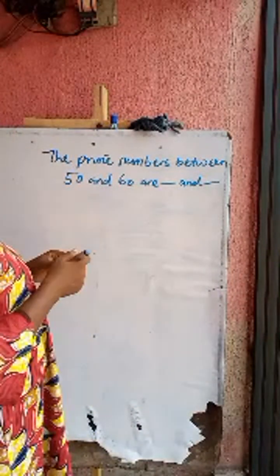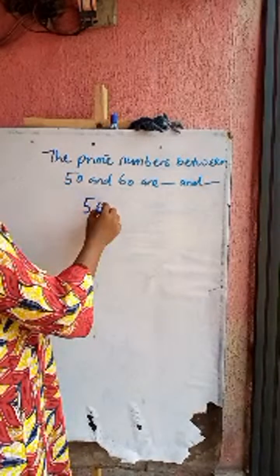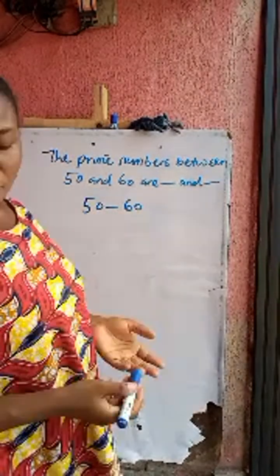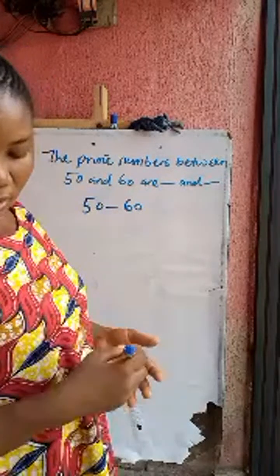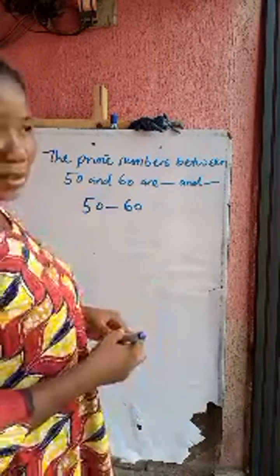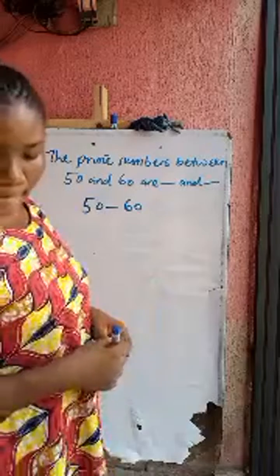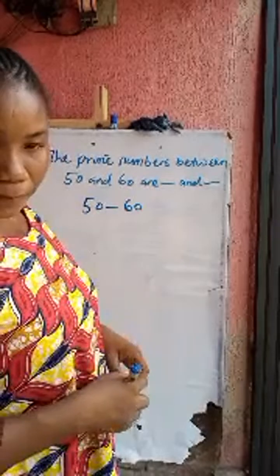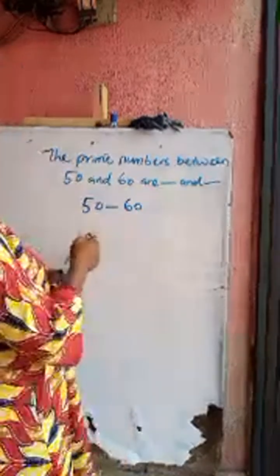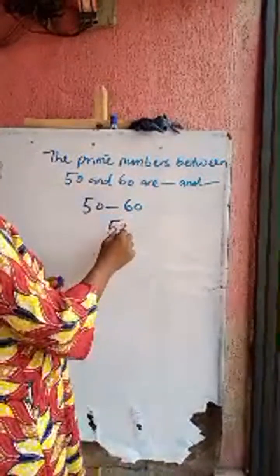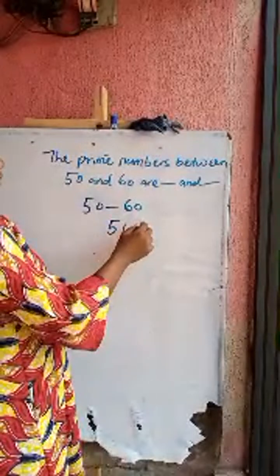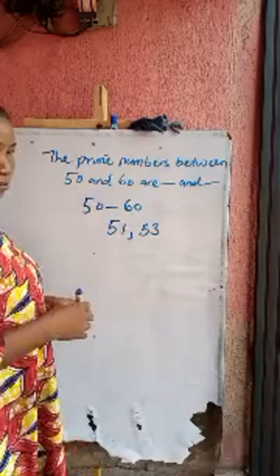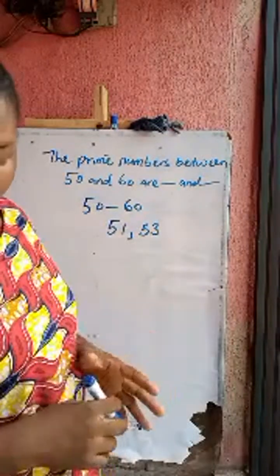So the prime numbers between 50 and 60 are 51 and 53.